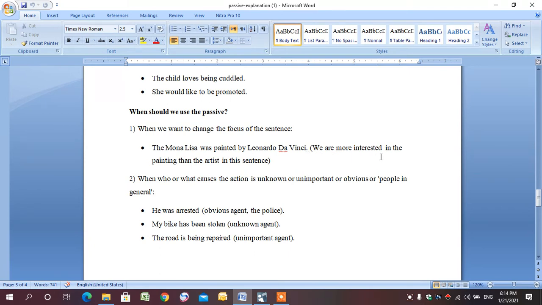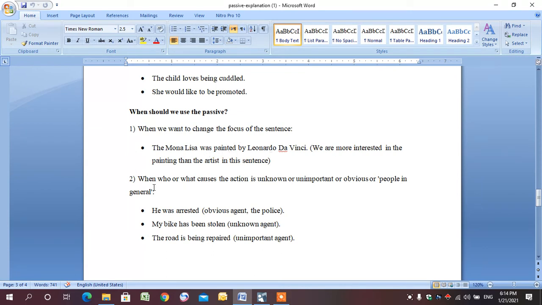We are most interested here in the painting than the artist in this sentence. Okay? So we are more concerned about the Mona Lisa than Leonardo da Vinci. So we don't want to mention who painted this painting.